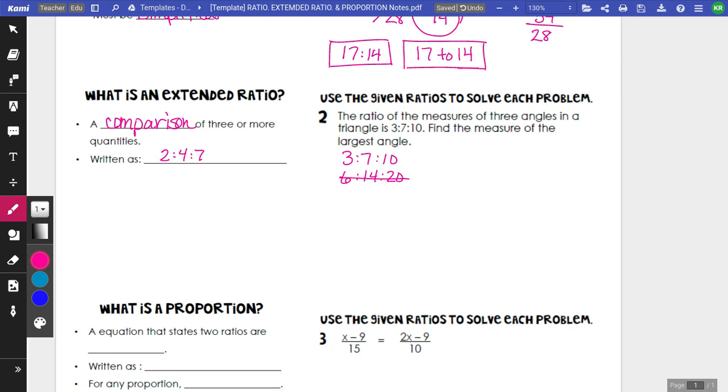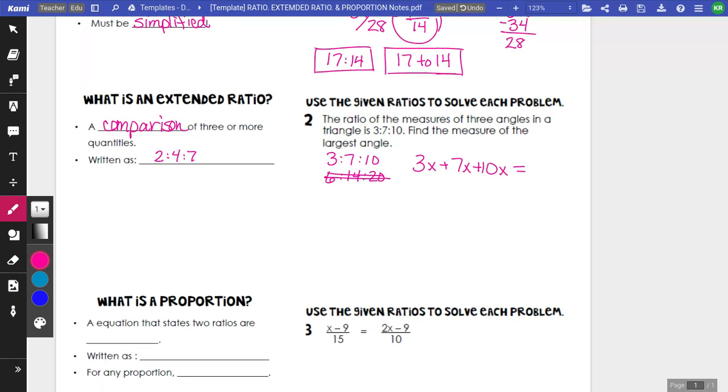Okay, but for this example, we're trying to find an angle measure. Well, your triangle has 3 angles, and the ratio is this 3 to 7 to 10. So you would go 3x plus 7x plus 10x, and since you are adding the angles in a triangle, that's going to be equal to 180.